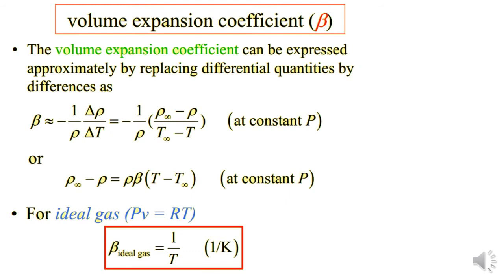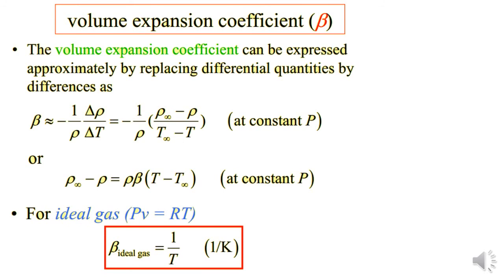From this equation, you can change it into the equation next to it, which is 1 over density times density of the infinity minus density, divided by temperature of the infinity minus temperature, or you can rearrange it to be the equation below it. This happens at constant pressure.